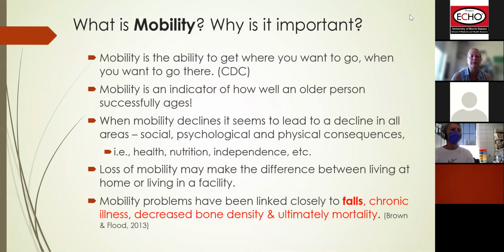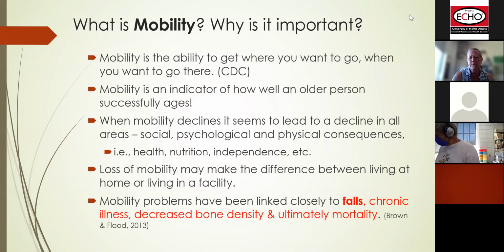So in health and nutrition, independence. Loss of mobility makes a difference if the person can continue to live on their own independently. So usually when the person's mobility declines, that's when the family or the individual is looking for more of an assisted living.